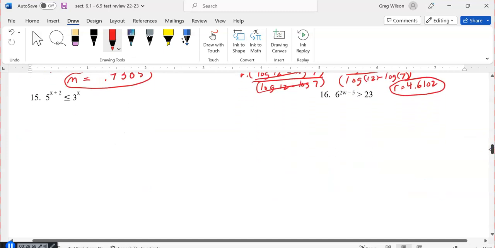Okay, 15 and 16 work the same. They're just inequalities, but the process is the same. I'm going to do log on both sides. So I can apply the power property on both sides.